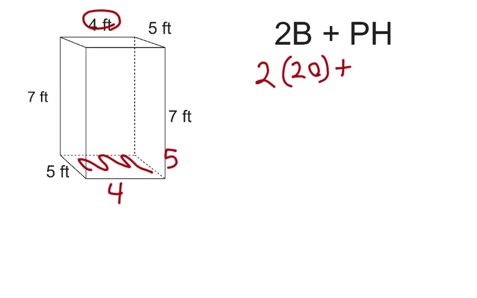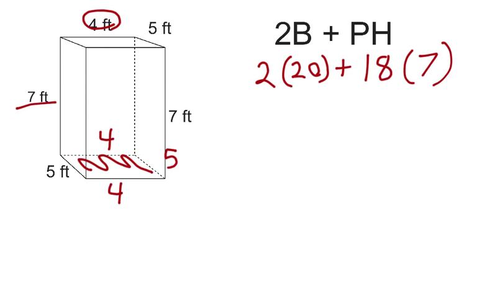This is also 5. This is also 4. 5 plus 5 is 10. 4 plus 4 is 8. 10 plus 8, 18. And then my height is going to be the only number I haven't used yet, which is this 7.